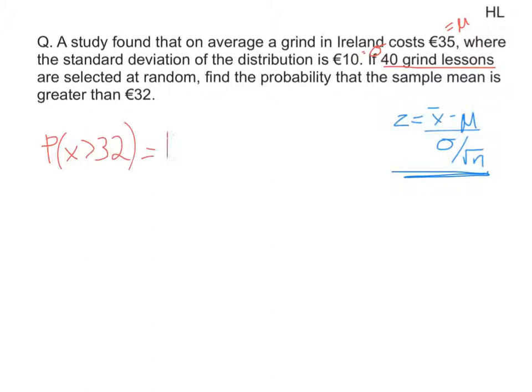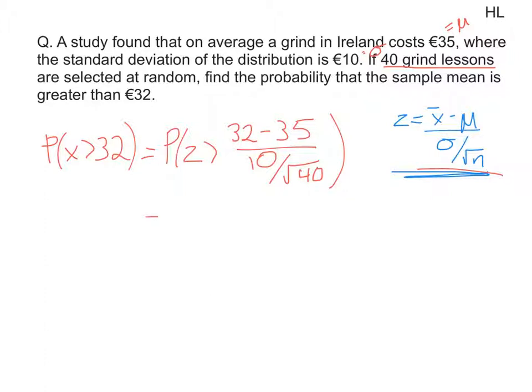And this is equal to the probability that our z-score is greater than, filling into our formula, x bar is 32 minus 35 all over standard deviation of 10 divided by the square root of the sample size, which in this case is 40.